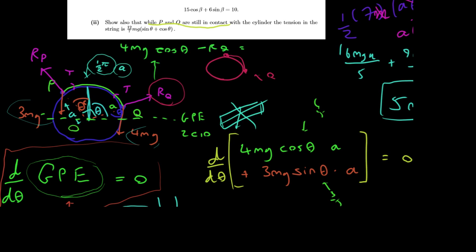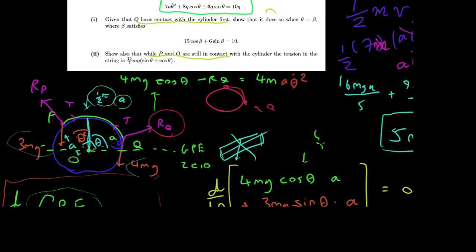The mass of the particle is 4m. Now the acceleration is, in this case, radial, so that's m a theta dot squared. That's your radial acceleration that you have right there. Hope we're comfortable with this equation.